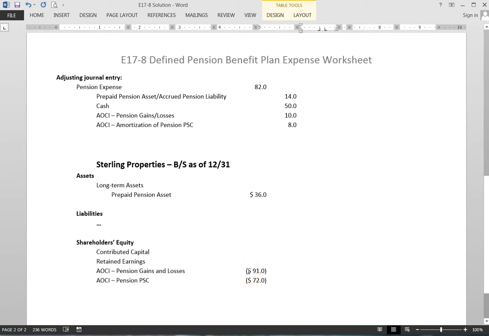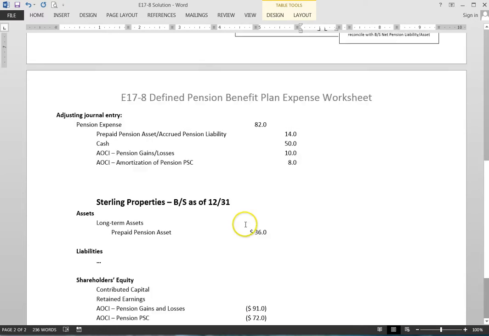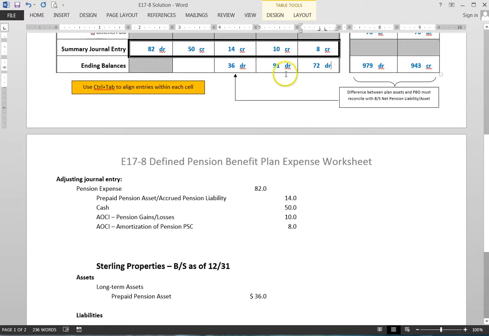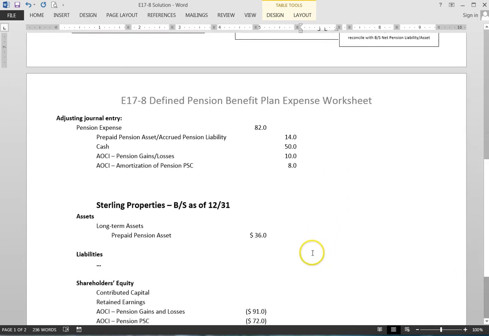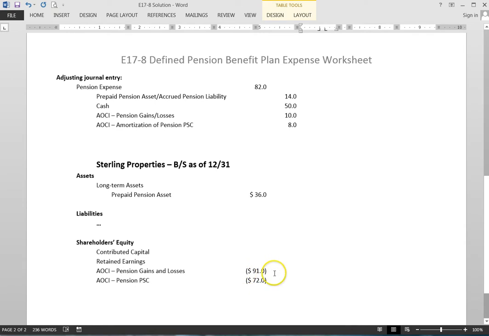Shareholders' equity accounts typically have credit balances. These two AOCI accounts for Sterling Properties happen to have debit balances. Debit balances in shareholders' equity are negatives. So we have to make sure that we properly disclose not only the dollar amount of the balance, but the direction, the impact on shareholders' equity.